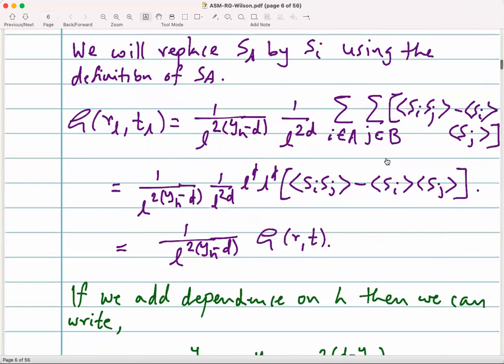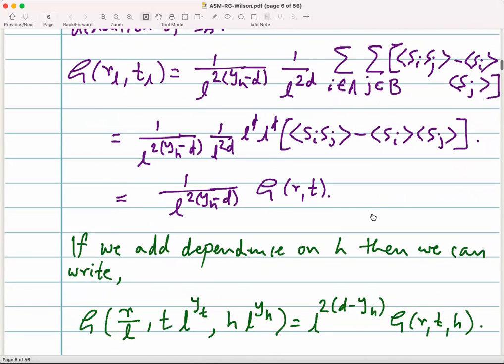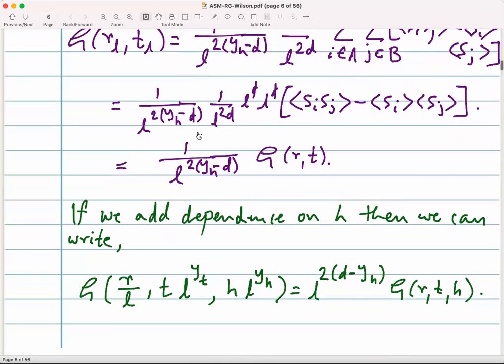When you do the averaging over the blocks, you get the volume of the blocks in this computation, which cancels L to the 2D in the denominator, and you find that the 2-point function for the block spin is related to the 2-point function through a scaling factor L to the 2 times YH minus D.